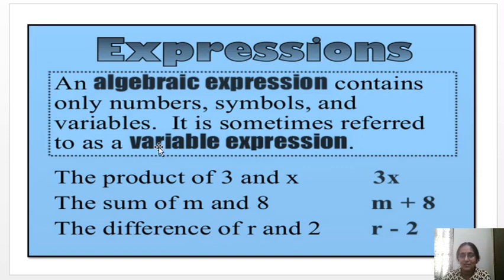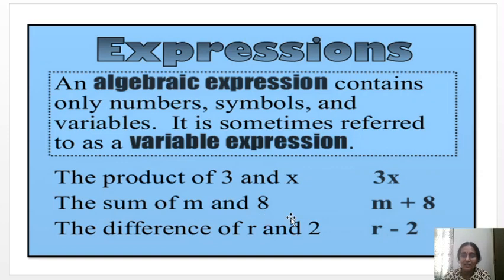What is an expression? It is a mathematical phrase which consists of constants, variables and operation symbols: addition, subtraction, multiplication and division. Here 3x is one expression and m plus 8 is another expression. The word statement for m plus 8 is the sum of m and 8.